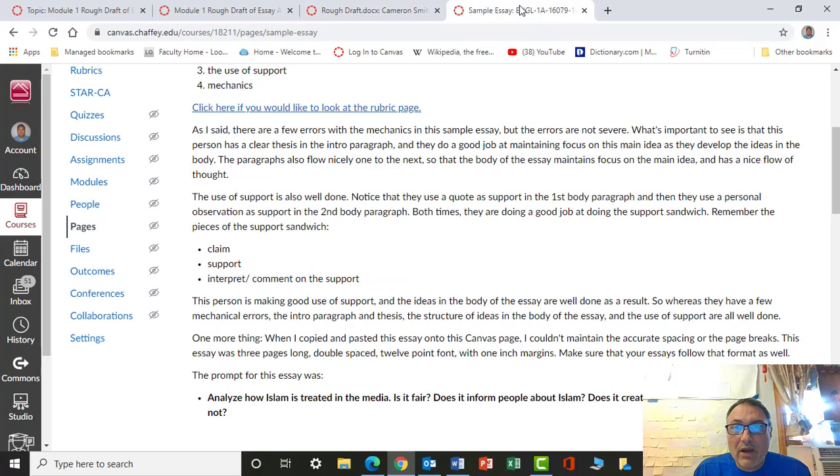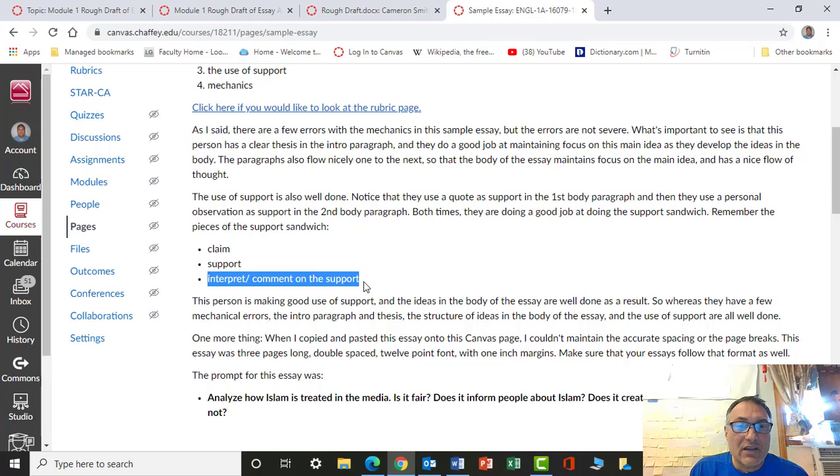So if we go back to the support sandwich, what we have in this section is a lot of pretty good support, a lot of specific detail. And then we do get a little bit of bread at the end, one thin piece of bread. So we get a big pile of meat and cheese, and some pretty good meat and cheese, and then a small slice of bread at the end.